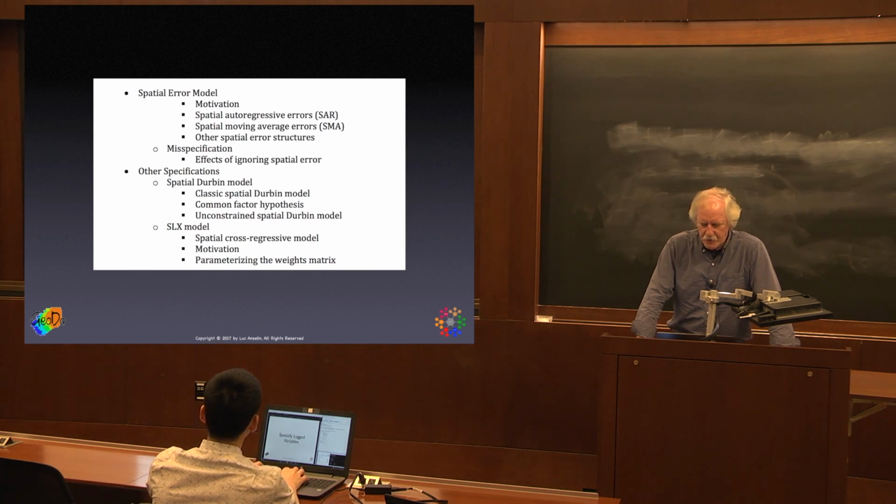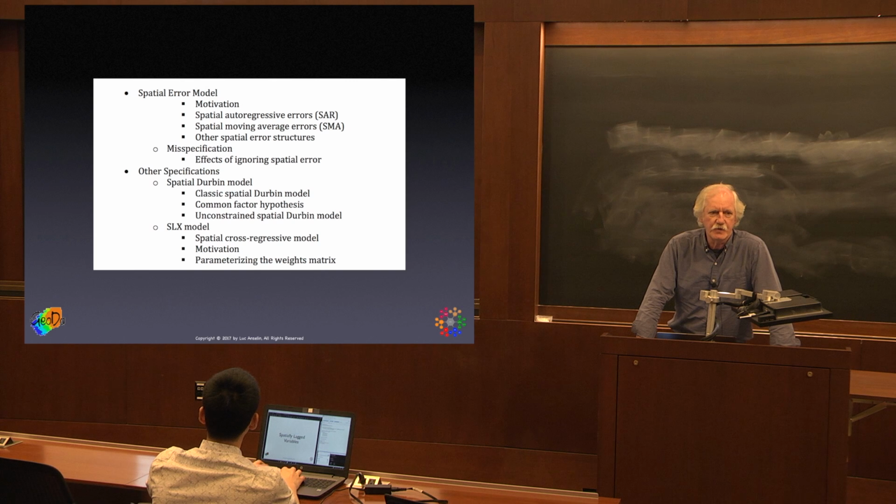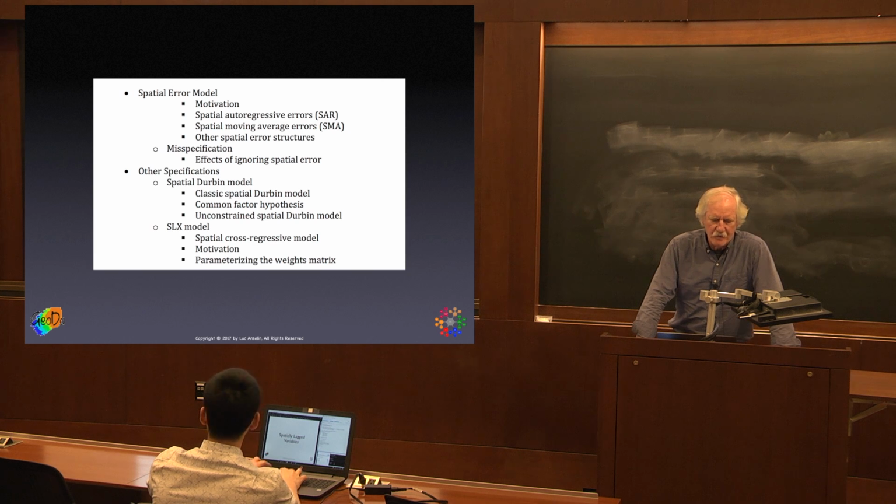And then I'll spend a little bit of time on two models that have received quite a bit of attention in the recent literature, and from my perspective, often not exactly with the full awareness of what the implications are. So I'll spend a little bit of time on that.